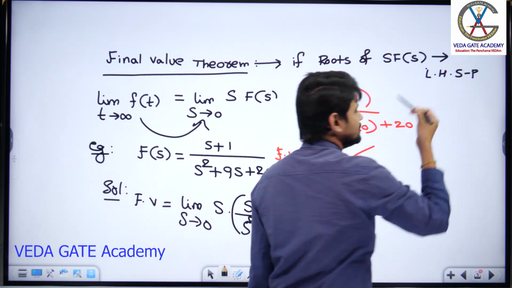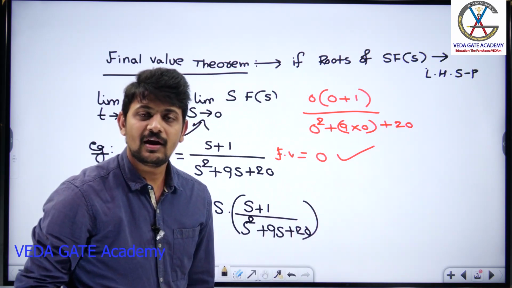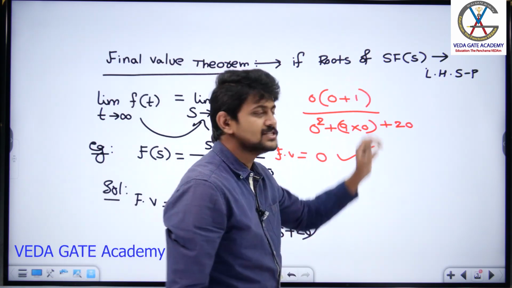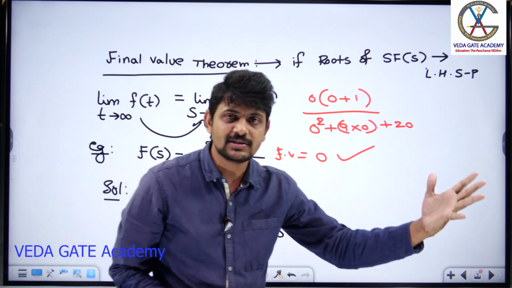Again I am repeating this limitation, guys, please be careful. The final value theorem is applicable only if the roots of s into f of s lie in the left hand side of the s plane.